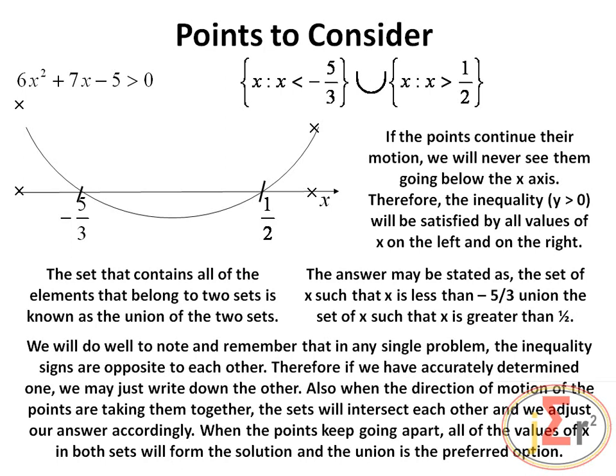When the points keep going apart, all of the values of x in both sets will form the solution, and the union is the preferred option. So, when we have them going apart, as in the case that we have here, it is always the union that we use. When we have them going together, it is always the intersection that we use. And when we are using the intersection, we may write the information in one set in the format that is given.